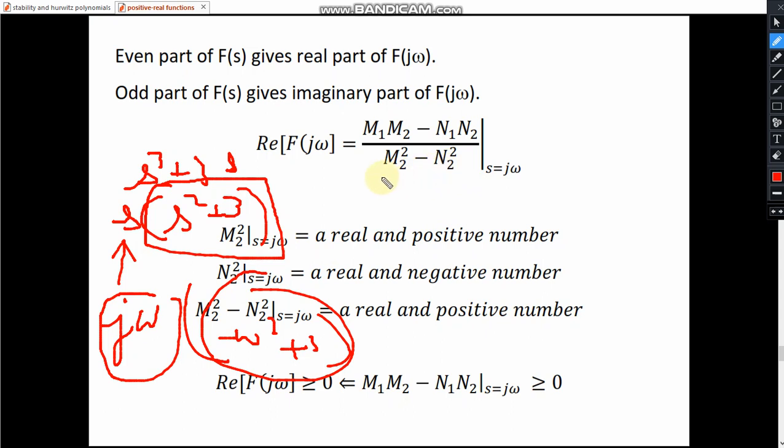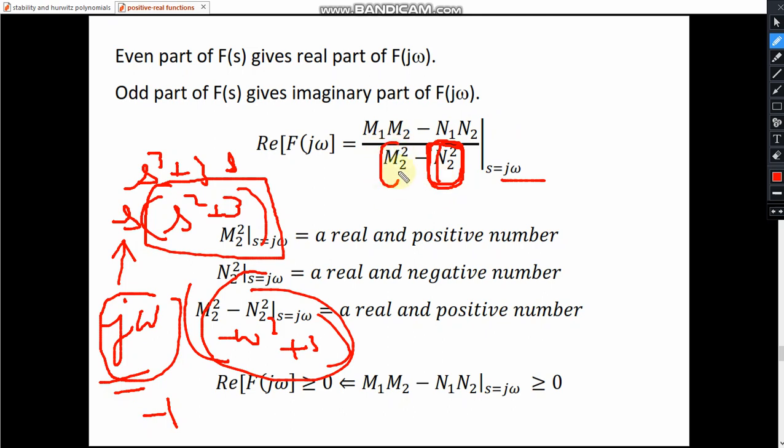Okay. So in case of this n2 square, n2 is a pure imaginary number. If it has been replaced by j omega, then n2 square will always be, j square is minus 1, so this will come out to be a negative quantity.